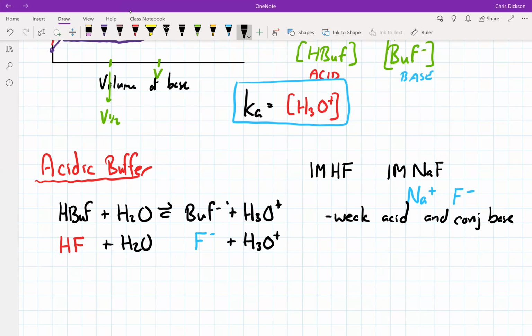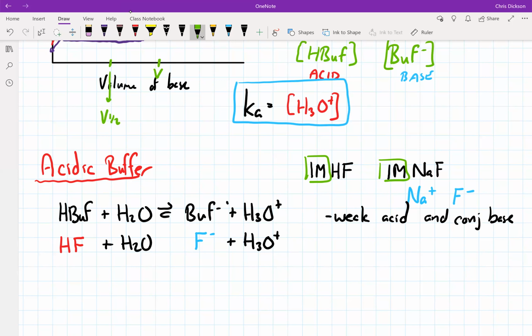Well, notice that I made the concentrations 1 molar and 1 molar. So basically, you've got 1 mole per liter of acid, and 1 mole per liter of base, which is the fluoride. And so if you were to throw an acid at this or a base at this, it should be able to maintain the pH, whatever that pH is.